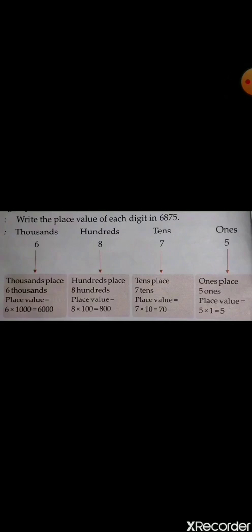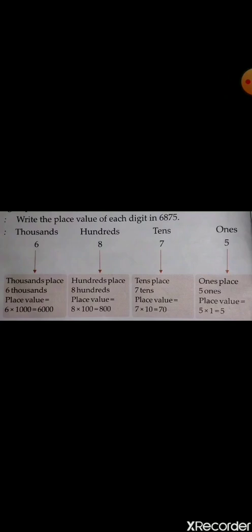5 is on ones place means place value of 5 is 5 ones or 5 into 1 equal to 5. 7 is on tens place means place value of 7 is 7 tens or 7 into 10 equal to 70. 8 is on hundreds place.